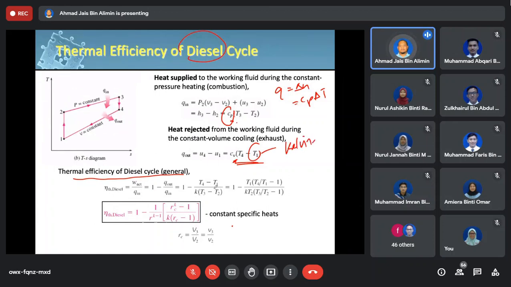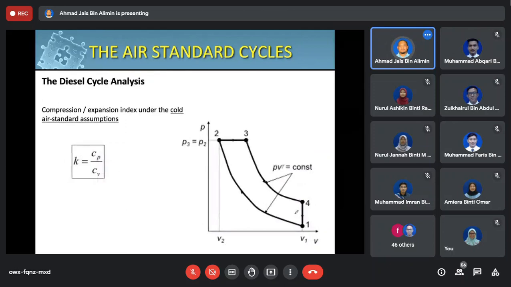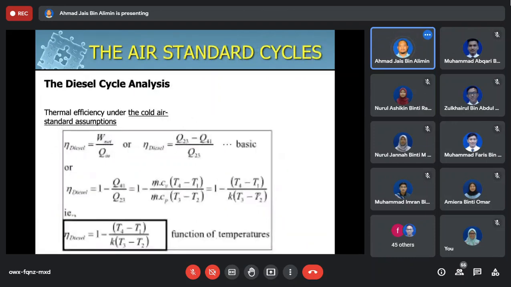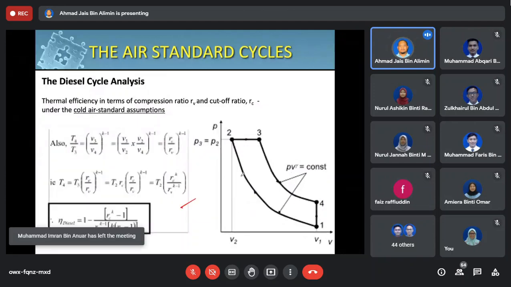So you end up with the thermal efficiency as the following expression. Okay, I think this is a repeat of the earlier slide. You can also use the value of the mass using this equation, m Cp delta T, same condition.